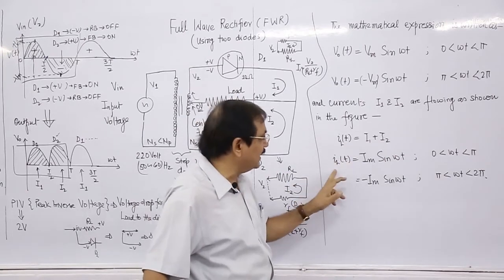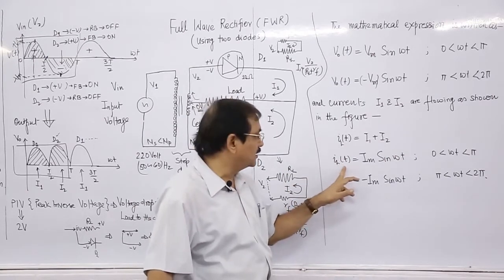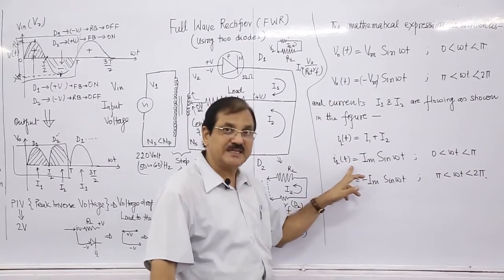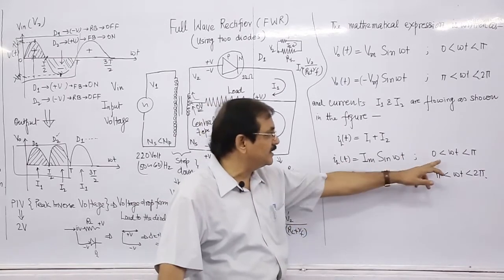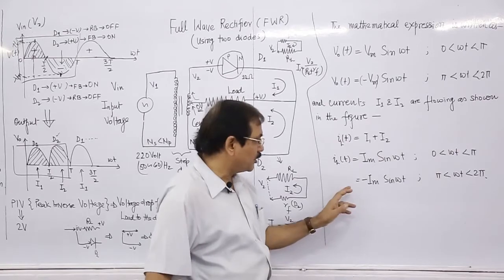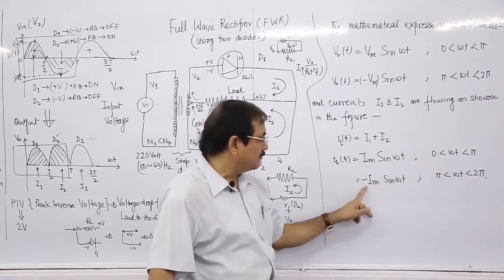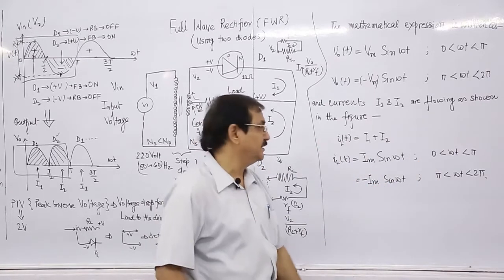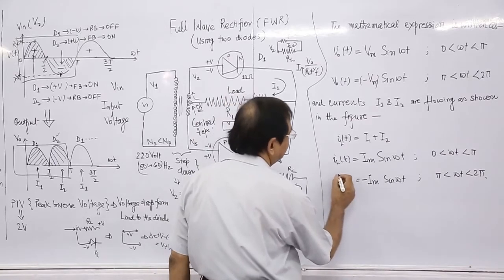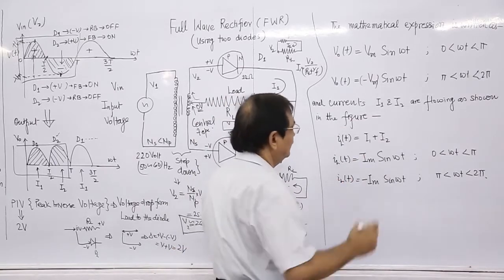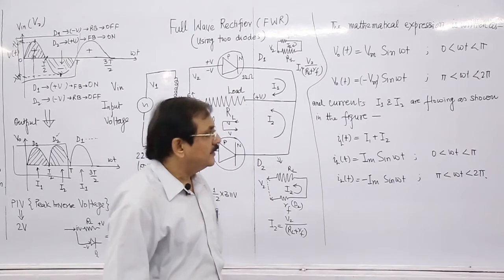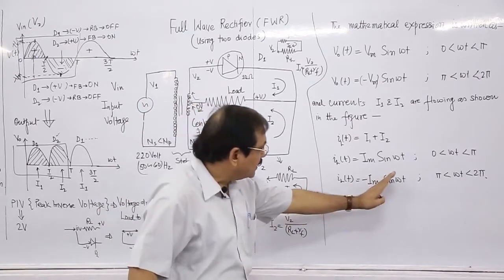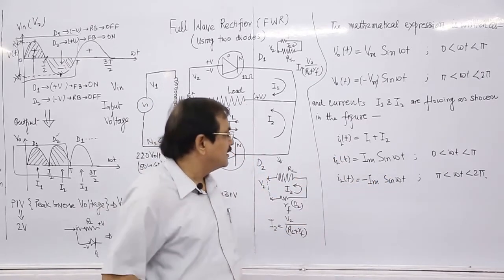So, this load current IL is expressed as Im sin omega t for 0 to pi, and for pi to 2 pi it is minus Im sin omega t. This is IL(t). Okay. So, this is the current.